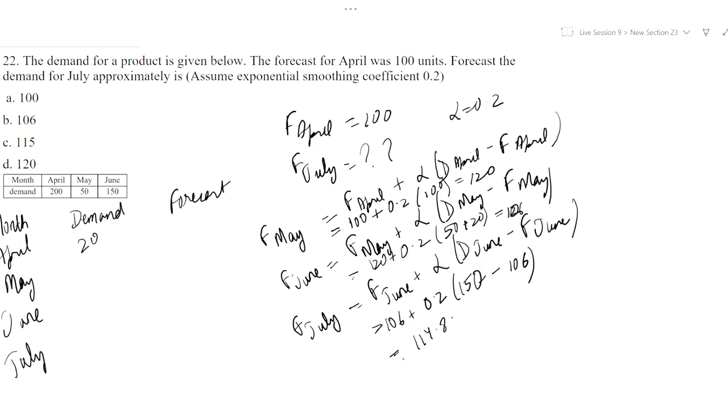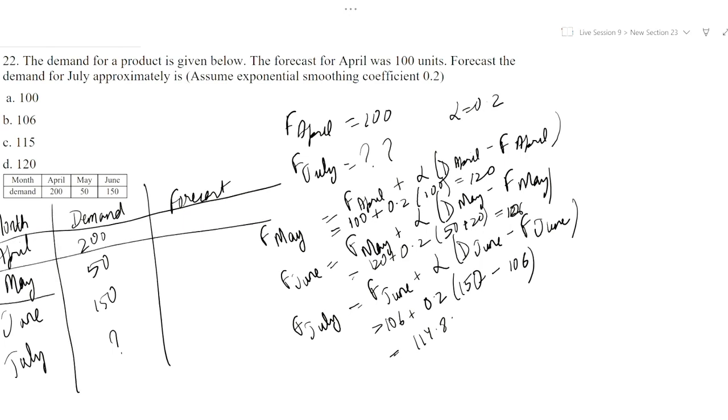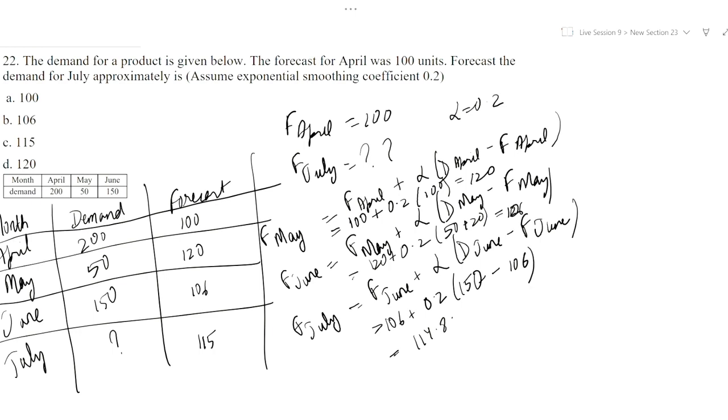Demand is 200, this is 50, 150, question mark. Forecast will be 100, 120, 106, 150. So the correct answer is 150.